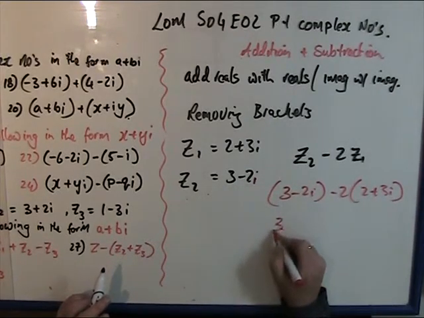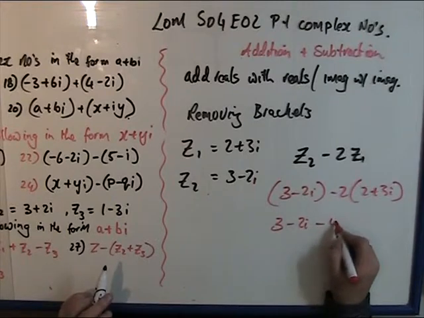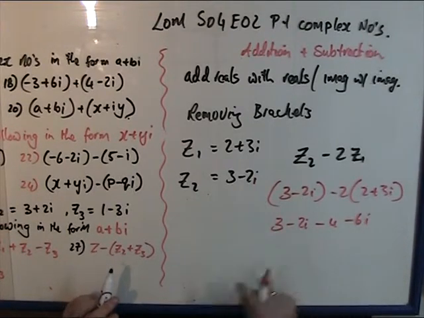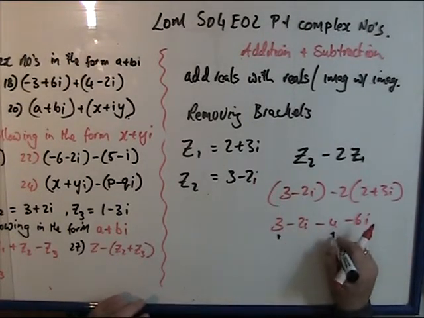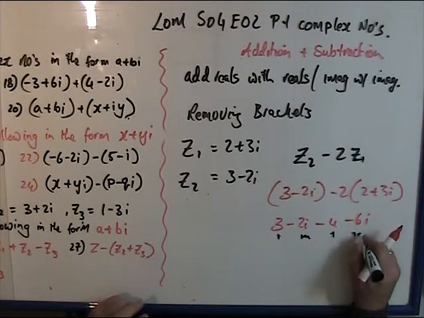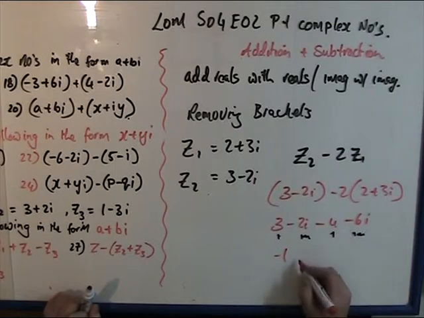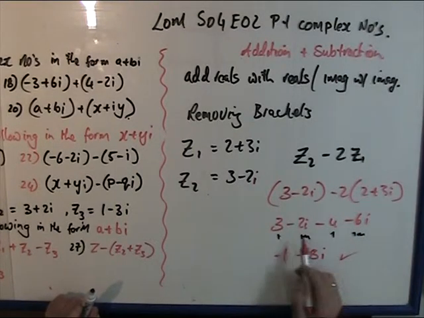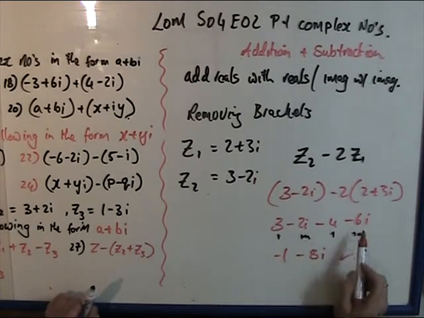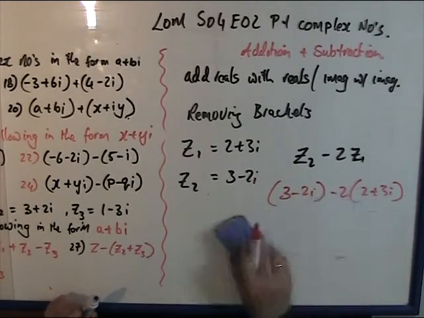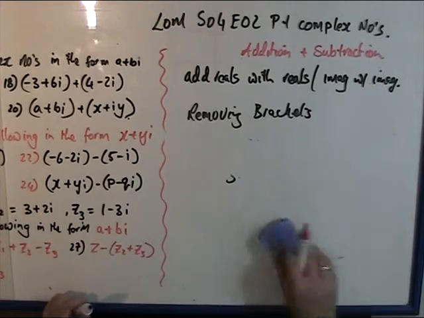Multiply them out again: 3 minus 2i minus 4 minus 6i. Add the reals and the imaginaries. So you get 3 minus 4 is minus 1, and minus 2i minus 6i is minus 8i. That's the answer to that. Great stuff. So that's the questions done out of the way.